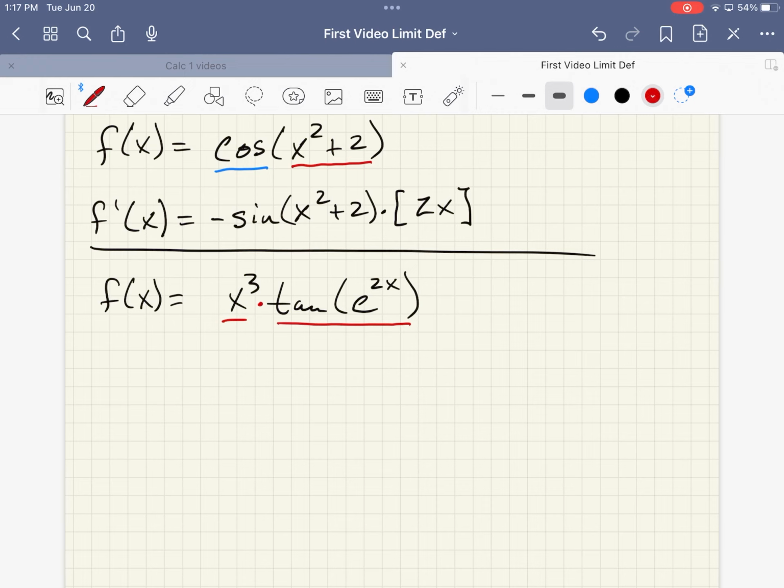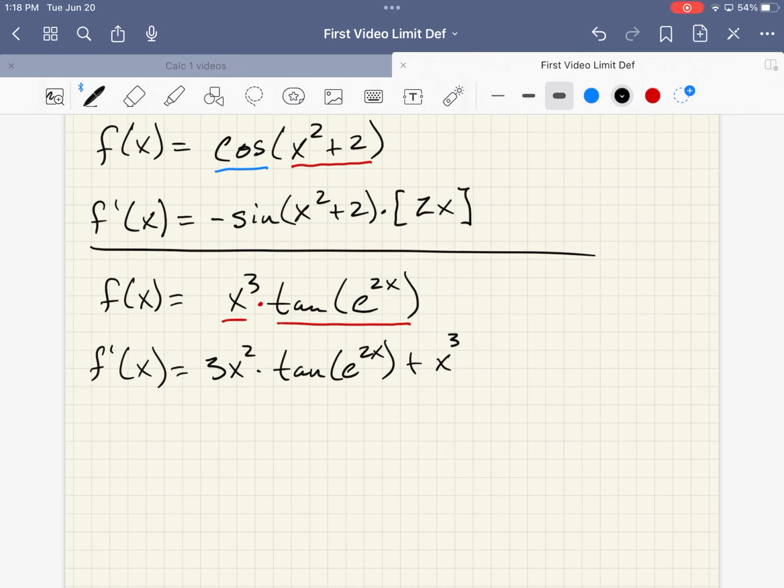However, when I get to the derivative of the second function, it is the composition of two functions, so I'm going to have to use the chain rule. The product rule tells us that we're going to take the derivative of the first, which is 3x squared, times the second, plus the first times the derivative of the second.